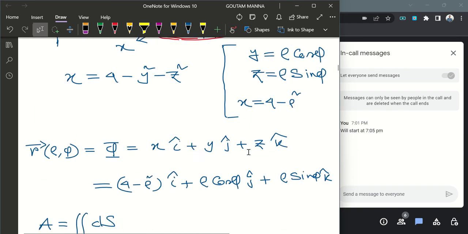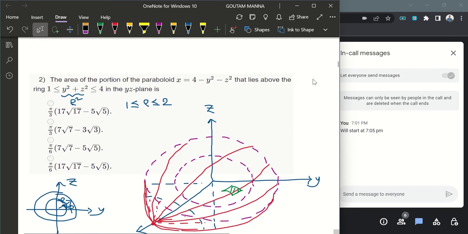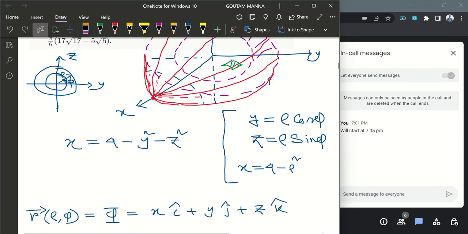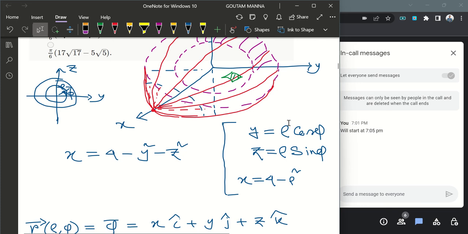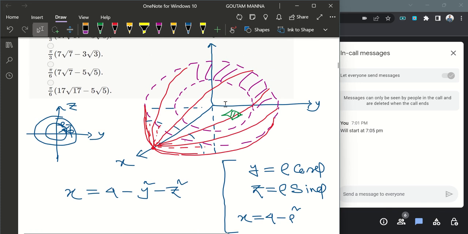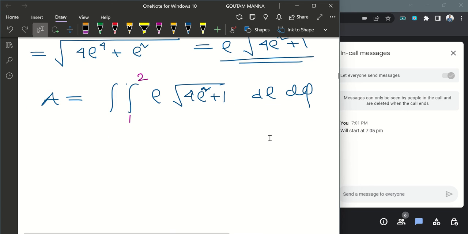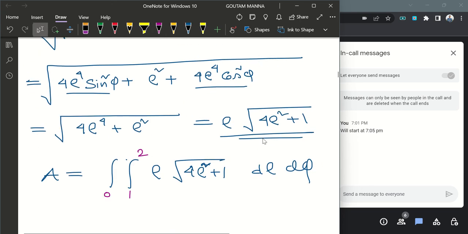And now to put the limits, we are in this region, inside this ring, and here rho is varying from 1 to 2. So the limit of rho is from 1 to 2, and the limit of phi, to cover this entire ring, should go from 0 to 2 pi. It should rotate the whole plane. So the limit of phi will be 0 to 2 pi.